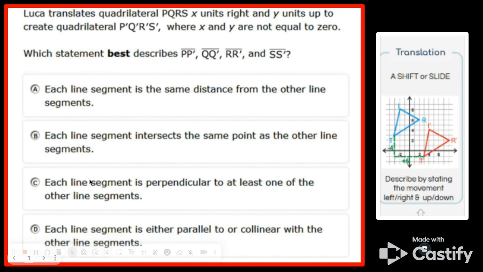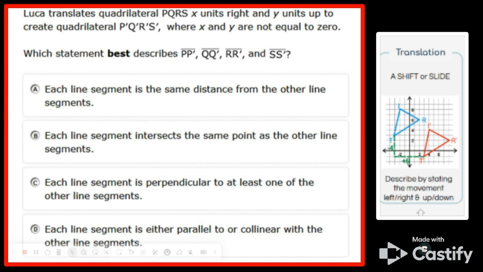C states each line segment is perpendicular to at least one of the other line segments. Again, not sure if that really connects with our translation. It can, but would all? And then finally, D states that each line segment is either parallel to or collinear with the other line segments.